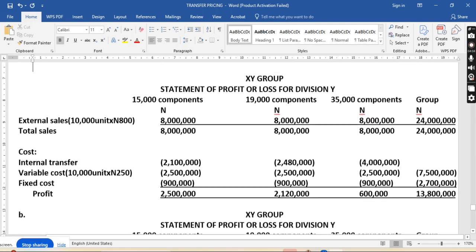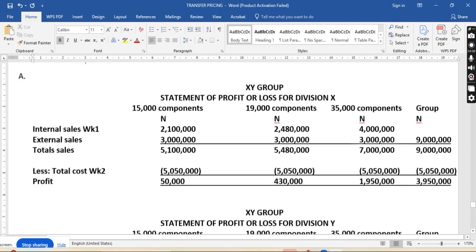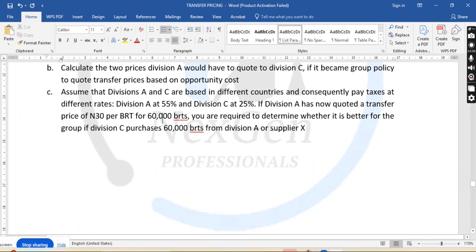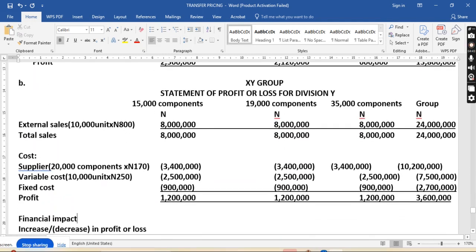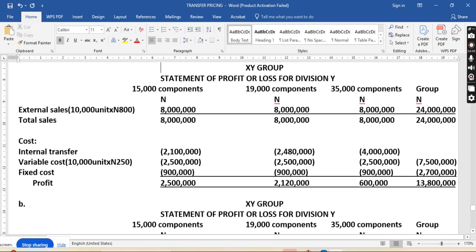Don't forget that this is A. We've already calculated for the selling division and buying division when there is an internal transfer, because the selling division will transfer to the buying division.